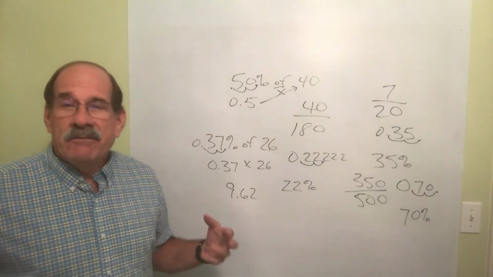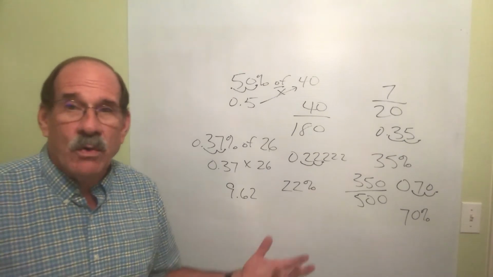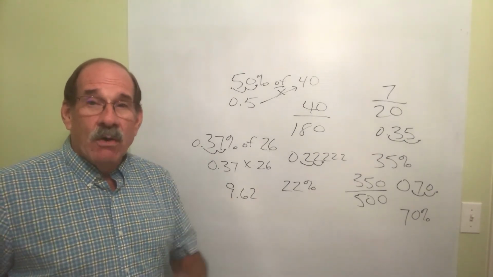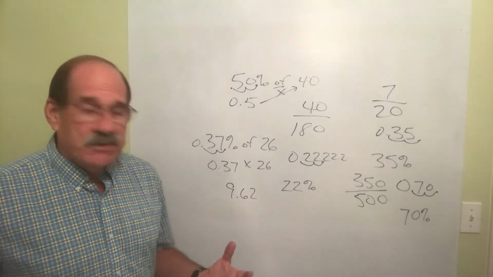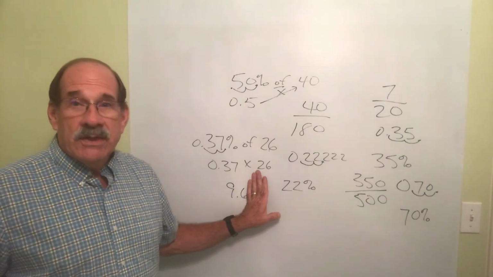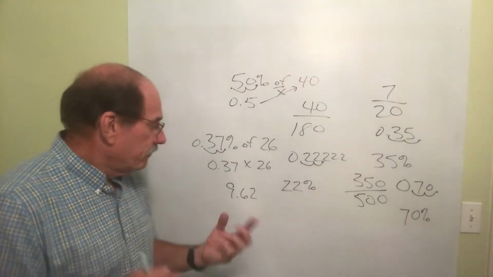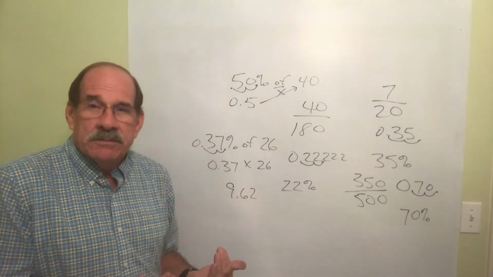Now again, how far do you round this off? You'd probably be told in the homework or the quiz how far to round this off. If you were told don't round off, that's the exact answer. If you were told round off to the nearest tenth, 9.6. Realize something that people get all confused about. That is not a percent, that's just a number.